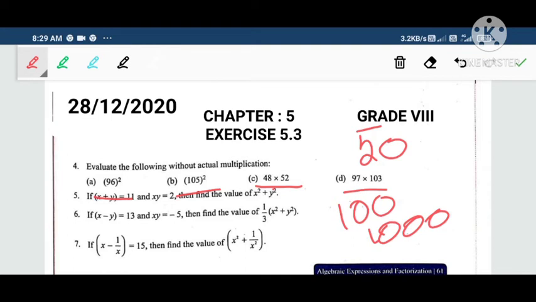The a square minus b square identity you can use from left to right or right to left. That is, the (a plus b) into (a minus b) format we change over to a square minus b square. Otherwise, if the question is given as a square minus b square, we expand it as (a plus b) into (a minus b). So today I start with the first question, 96 whole square.